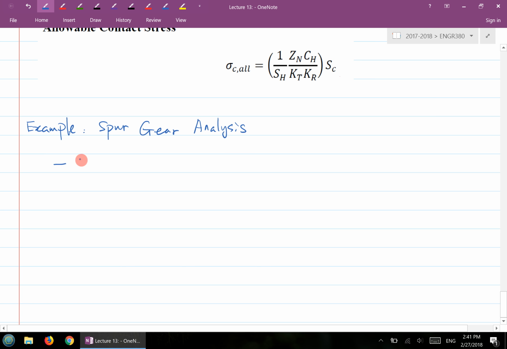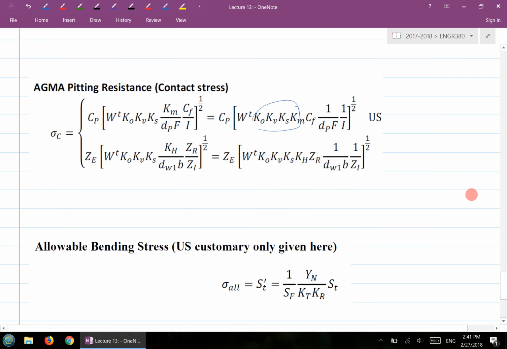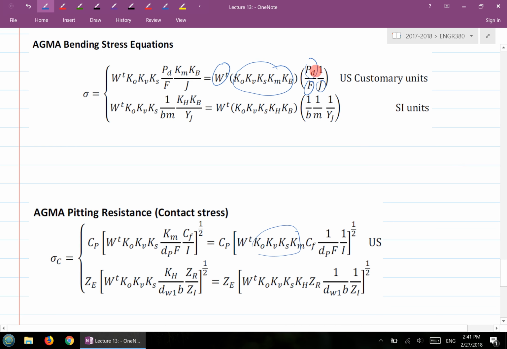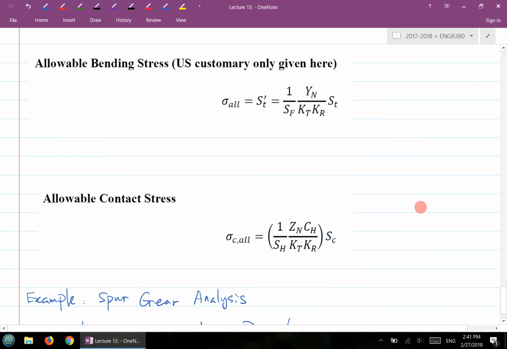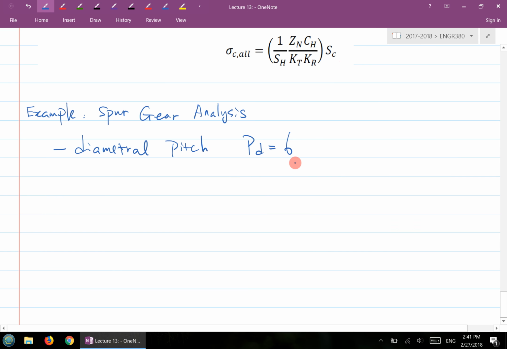So here are the given parameters. Diametral pitch: the symbol is slightly modified. I used to use capital P for diametral pitch, but to be consistent, we use capital PD here. It doesn't matter. Diametral pitch is 6. The number of teeth for the gear is 60.